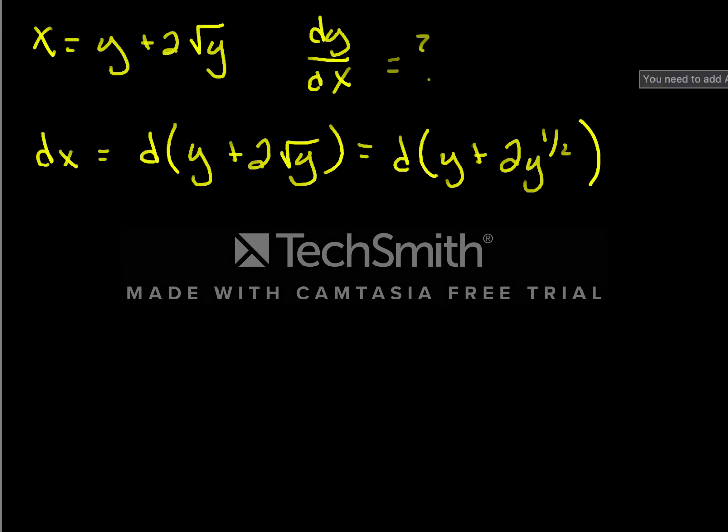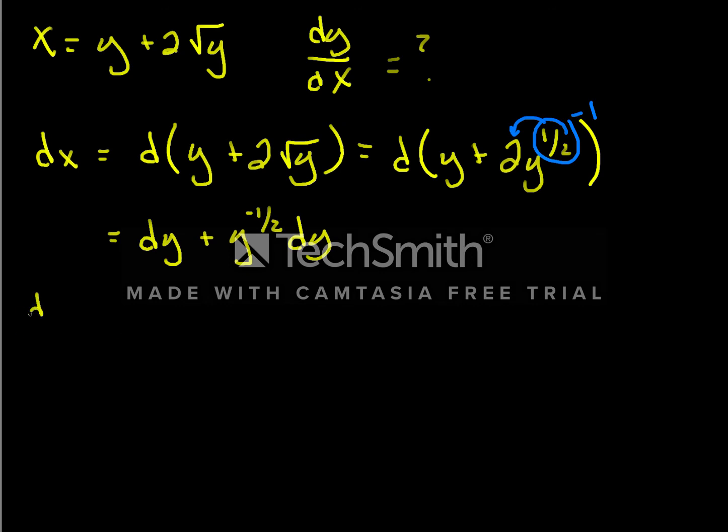And again, here, this follows by our power rule. The exponent will come down, become our new coefficient. So I'll be multiplying it by 2, which is 1. And I subtract 1. So this is equal to dy plus y to the negative 1/2 dy.